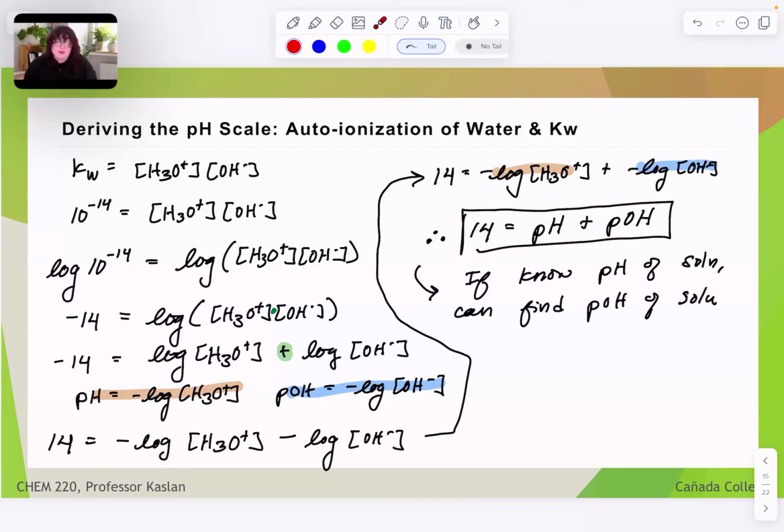It's not just me pulling a rabbit out of a hat, right? It is me getting this from an actual property that we know about a neutral substance, or a substance containing both acidic and basic particles in equal measure. That substance being water.